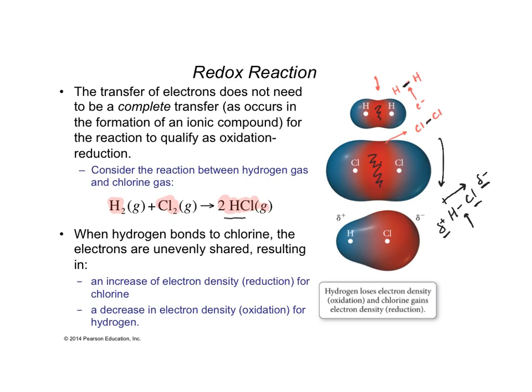So in this situation, chlorine has, in theory, gained more electrons, and hydrogen has lost electrons. So chlorine has essentially been reduced here, and hydrogen has been oxidized, even though we don't actually get a production of charges, okay? So this is another good example of a redox reaction.